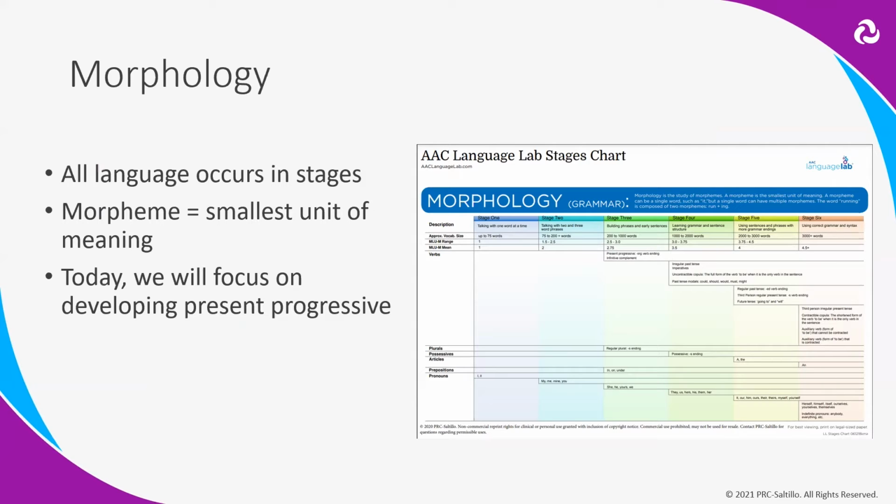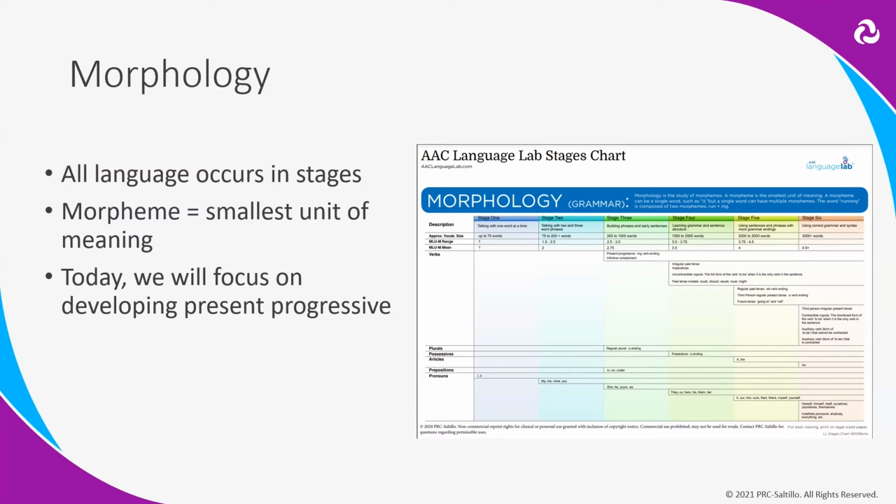The basic session will just focus on single words, and that next step is looking more at stage 3, 4, or 5. So especially with this course tonight, we want to look at present progressive -ing. When we're talking about present progressive, we're talking about morphology.